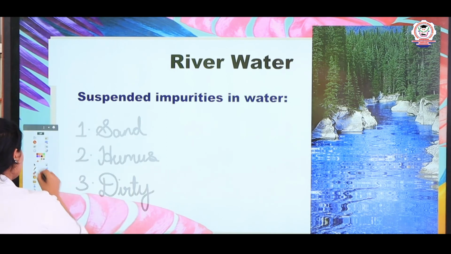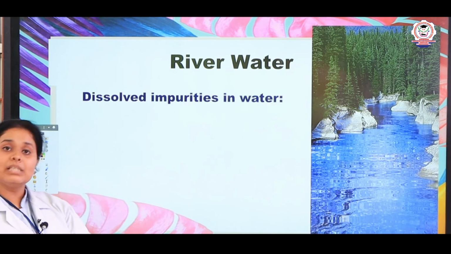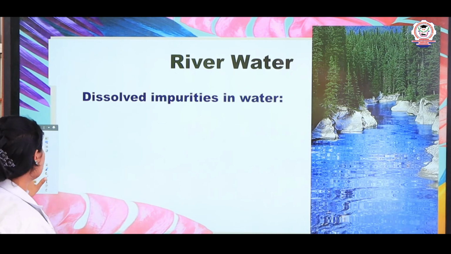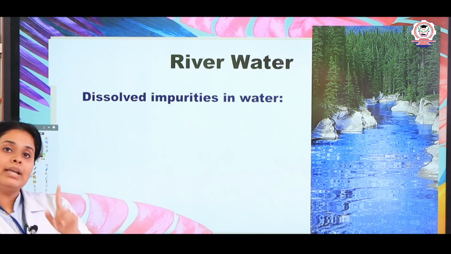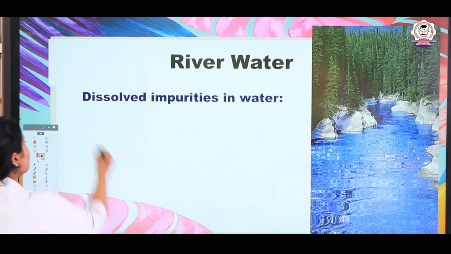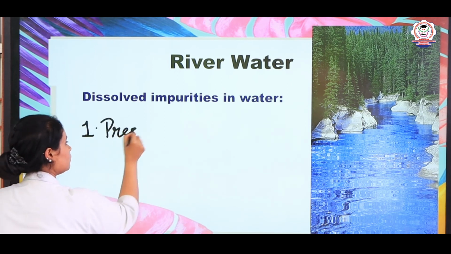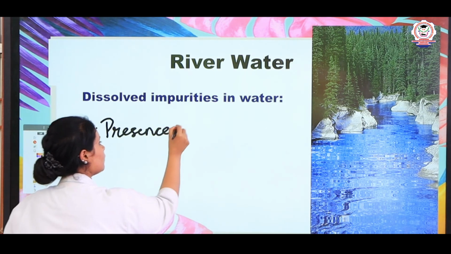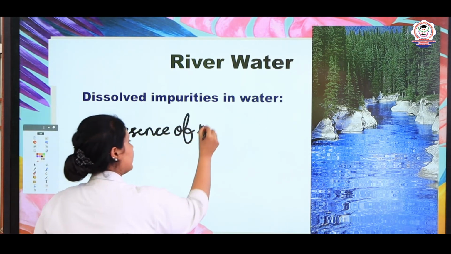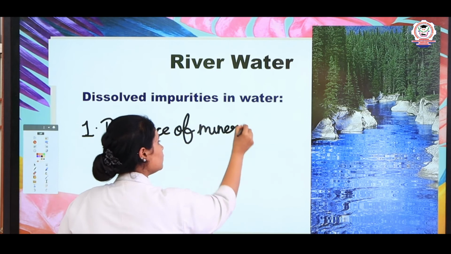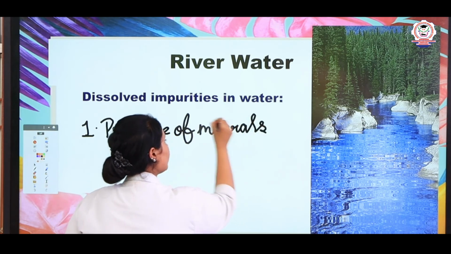Then comes the second one. Second one is the dissolved impurities. So dissolved impurities can be of two types. One, there can be minerals present. So first is due to the presence of minerals. Okay.